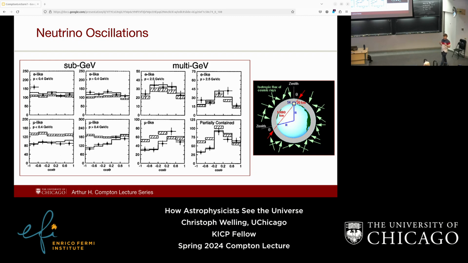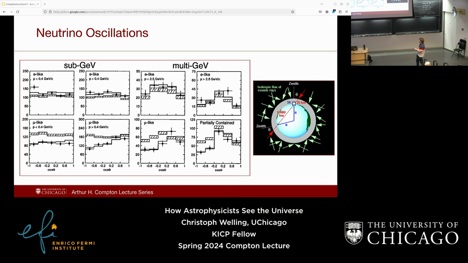And also from the amount of light that these particles produce, we can also detect the energy. And that's what they did with Kamiokande. So each column here is just a different energy that they looked at. And then the top row is how many electron neutrinos they saw, and then the bottom row is how many muon neutrinos they saw.